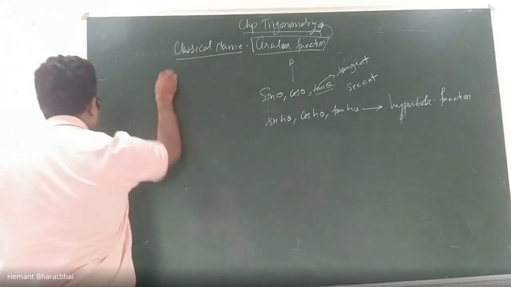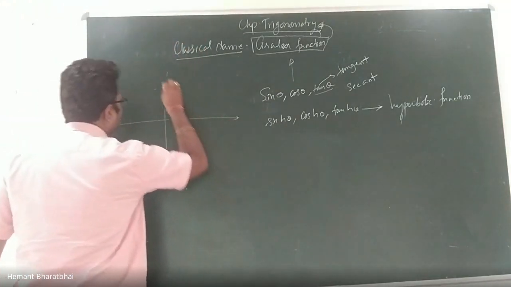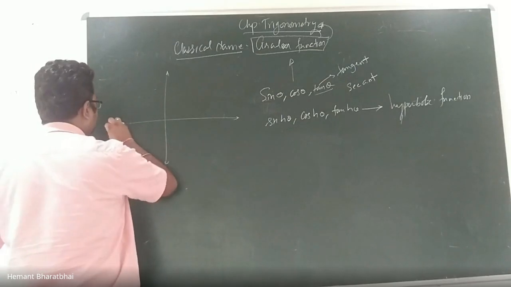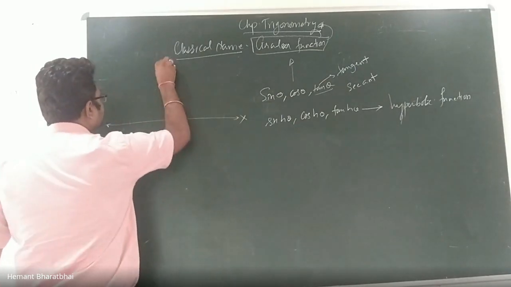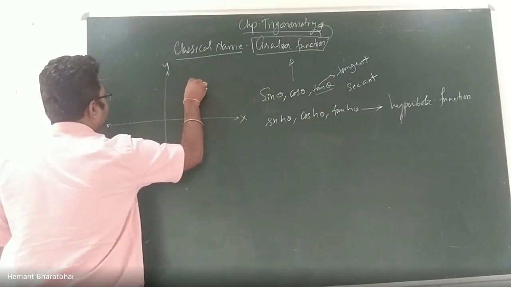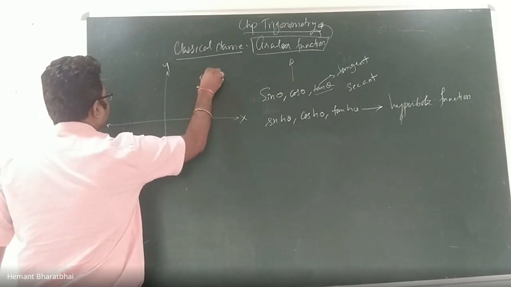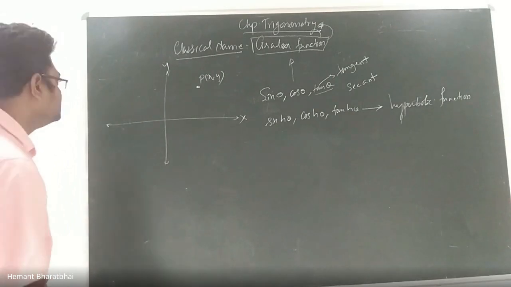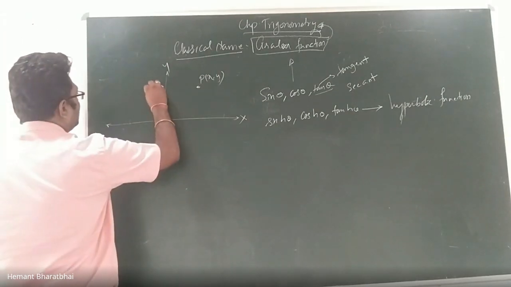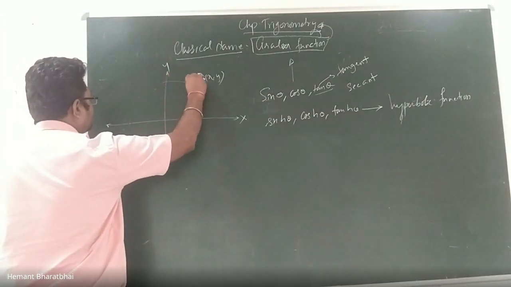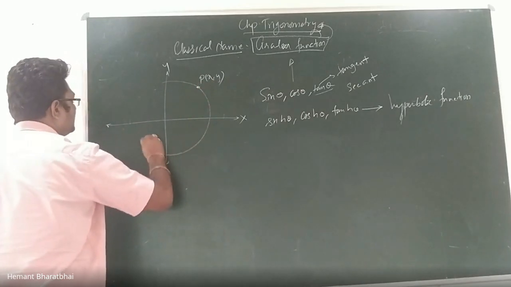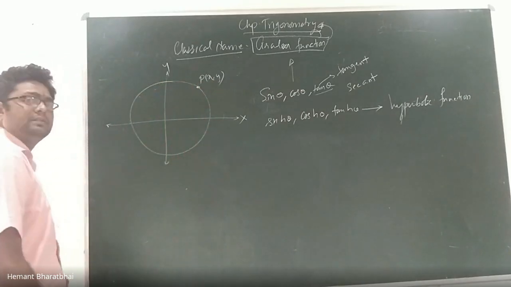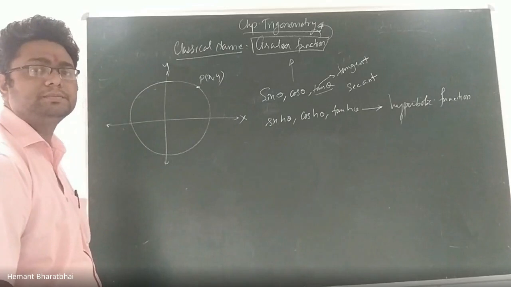Let me consider one thing over here. This is my x-axis, this is my y-axis. There is a point P, which I am denoting as (x, y). Now let me draw a circle, something like this, which passes through this point.